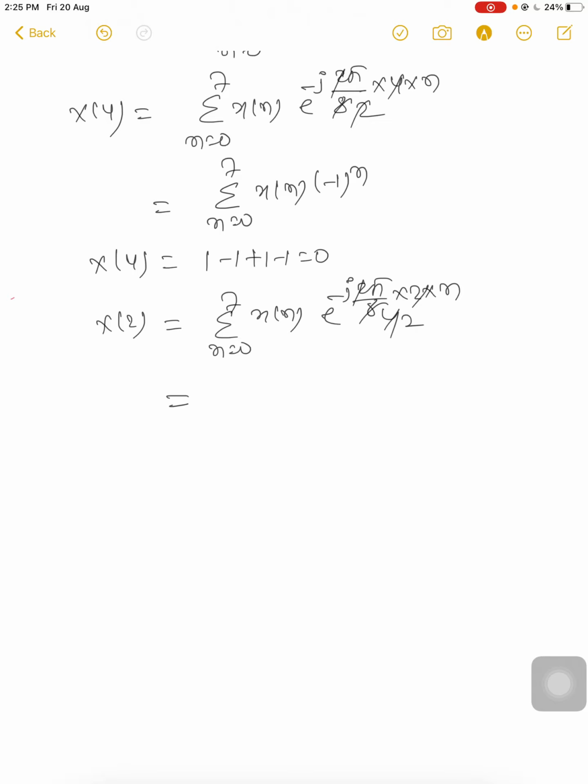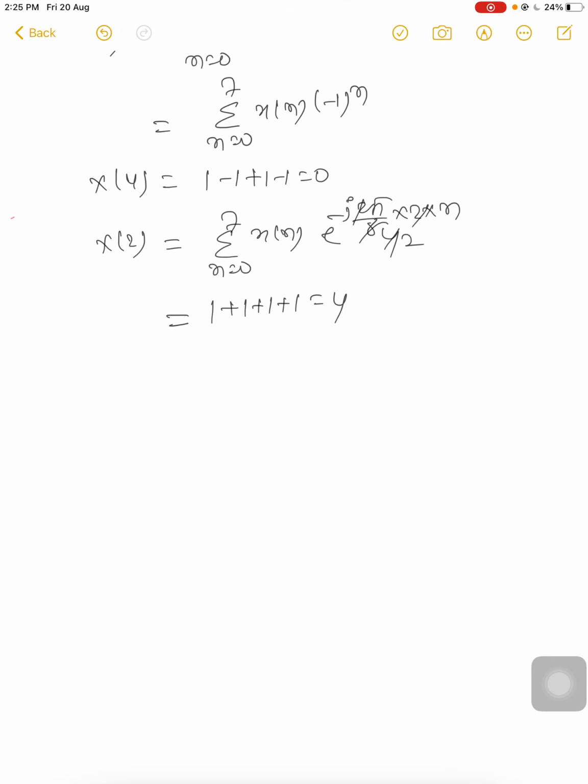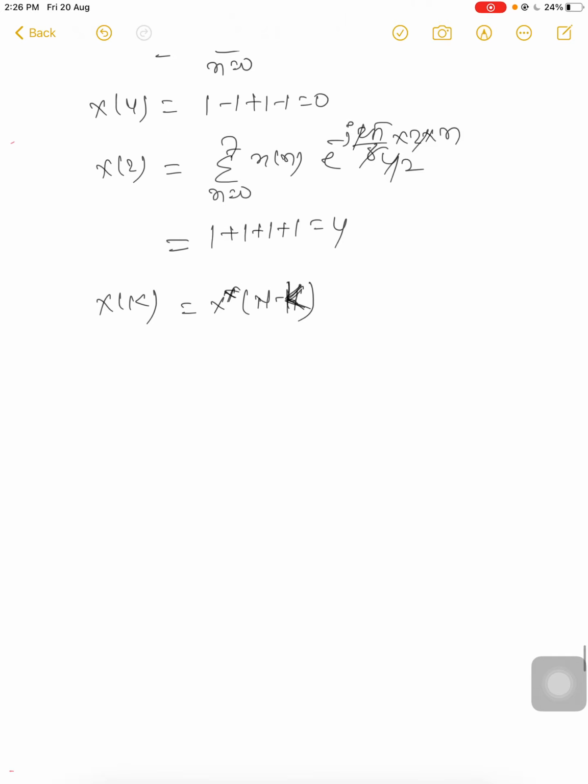Here the 4 and 2 combine, and after that we get the summation 1 plus 1 plus 1 plus 1, equal to 4. We know that Xk is the complex conjugate of X of minus k.